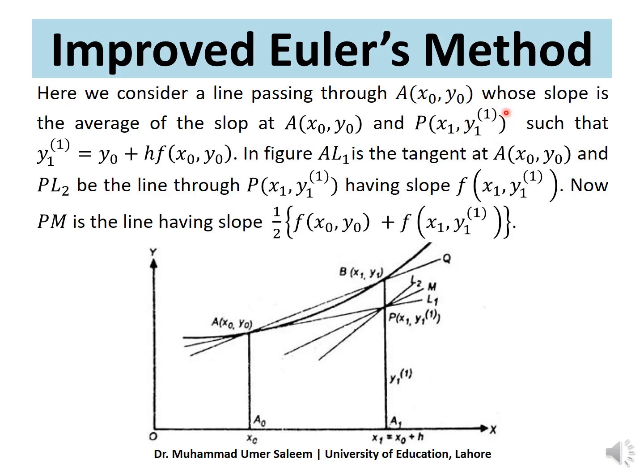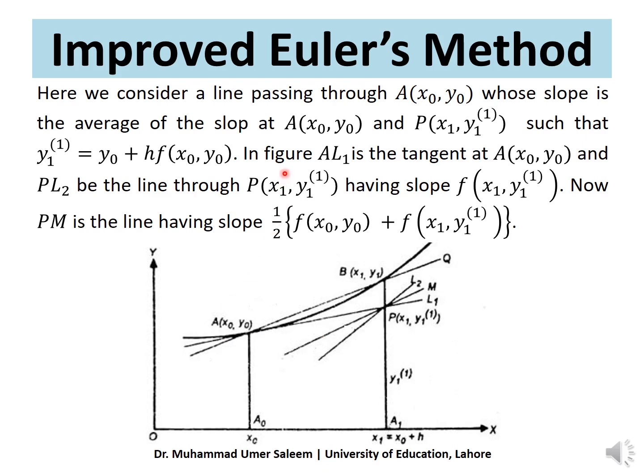This y11 means the approximated value of y1. So actually we are going to approximate y1. This y11 is the raw approximation we have, obtained with the help of the Euler method. That's why we call it the improved Euler method.